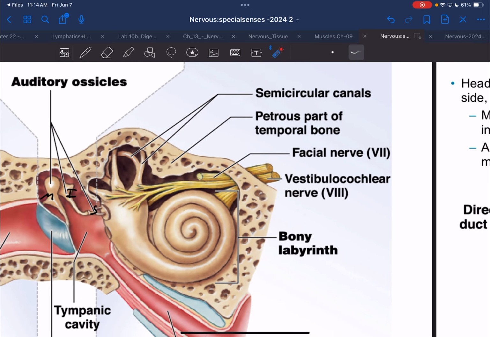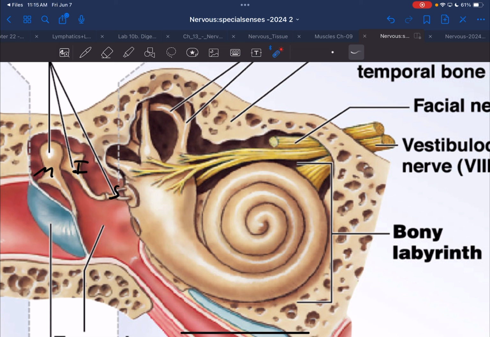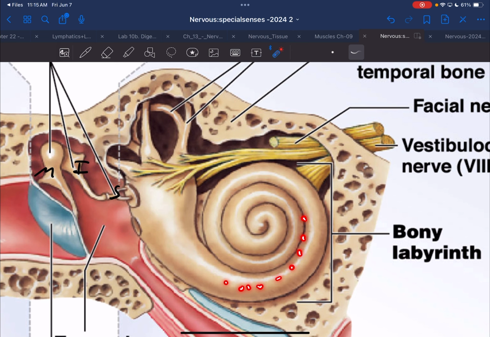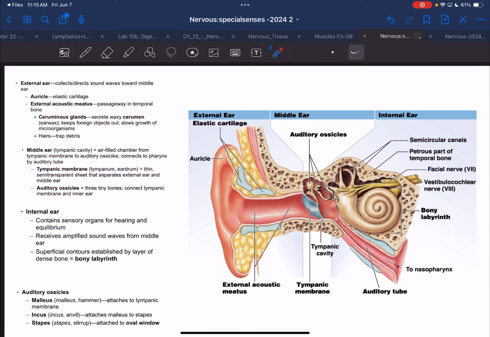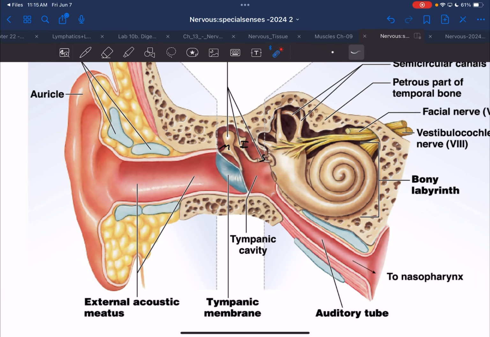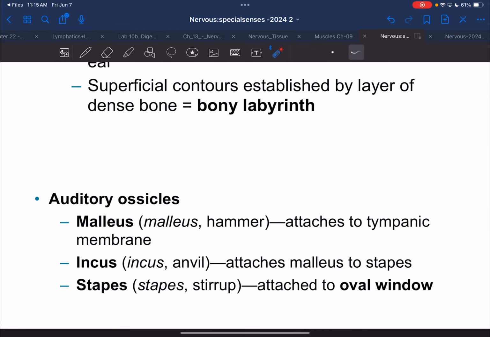As we look at the inside, you'll see that we have what is called the labyrinth. This whole thing is called the bony labyrinth. It's made out of, in essence, calcified tissue, bone. And that's all there really is to add. Be able to label these. The auditory ossicles, know them.